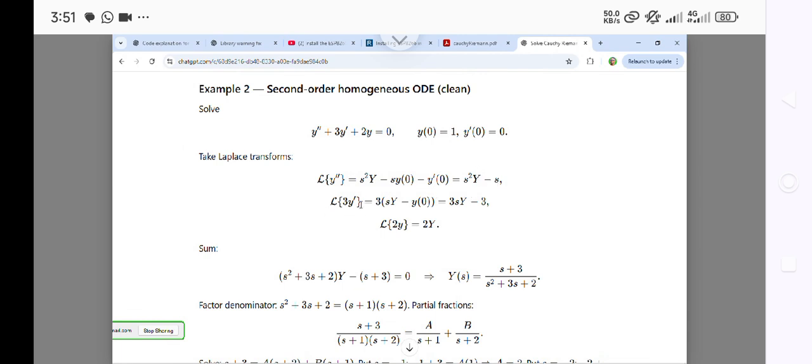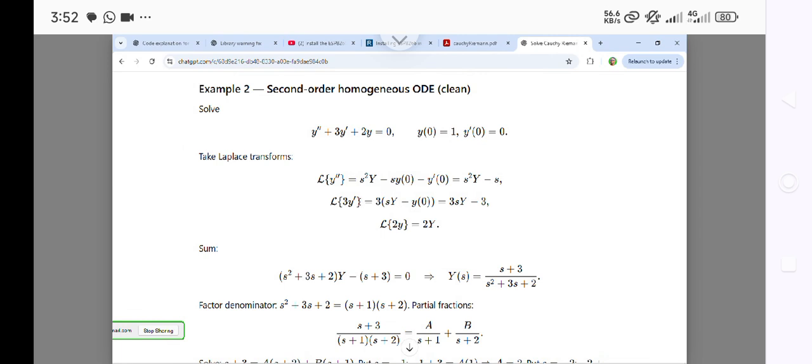Now, the Laplace transform of 3y'. Just do y' separately, as I said before. The earlier one had two primes because of y''. This is one prime now, so we only have s to the power 1. So s to the power 1 times capital Y minus y(0).